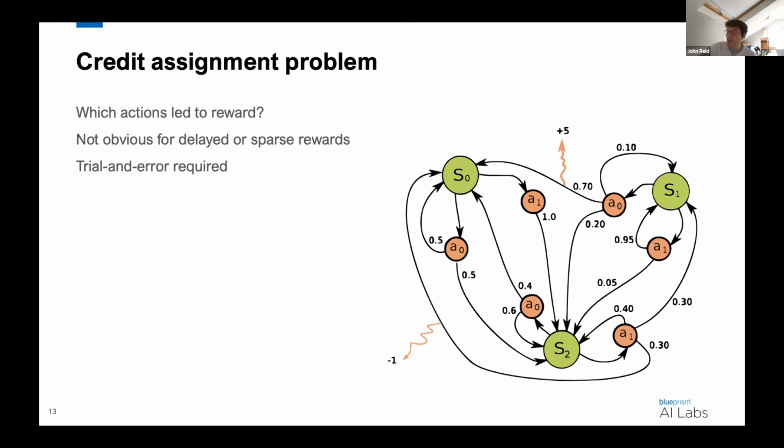But if you trace back in the graph, you can see that actually you need to take the same action A1 in state S2 to arrive at that +5 reward. So it's that difficulty of associating the necessity of action A1 in state S2 to achieve a good reward that makes this credit assignment problem hard. And that really is what a lot of these reinforcement learning algorithms are trying to overcome.